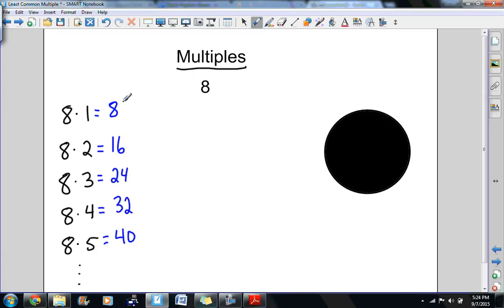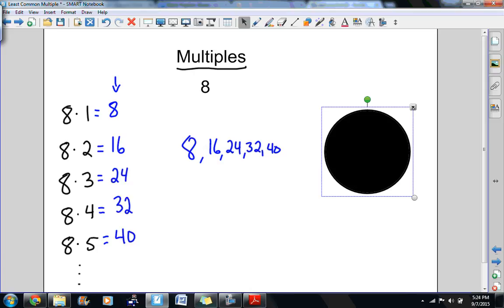And what these are, those are the multiples of 8. 8, 16, 24, 32, 40. And because they go on forever, I'm never going to ask you to list all of the multiples. That would be impossible. Instead, I'll say list 10 multiples or find the least common multiple between things, but I will not expect you to do all of them.